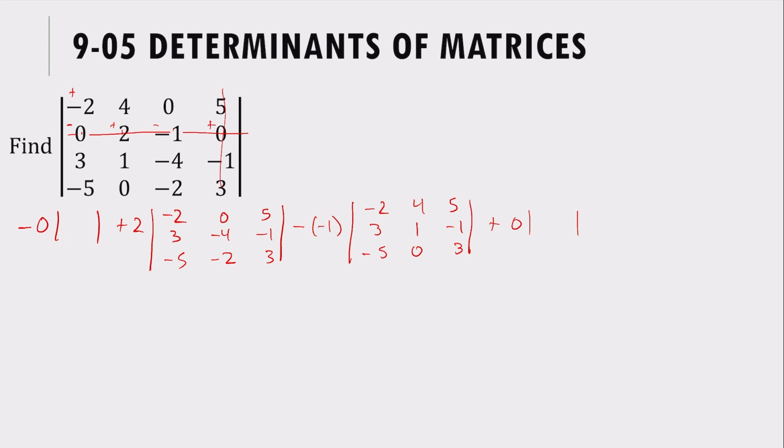So let's simplify. We have 0 plus 2 times, and we need to copy the first 2 columns. And so that is negative 2 times negative 4 is 8 times 3 is 24.